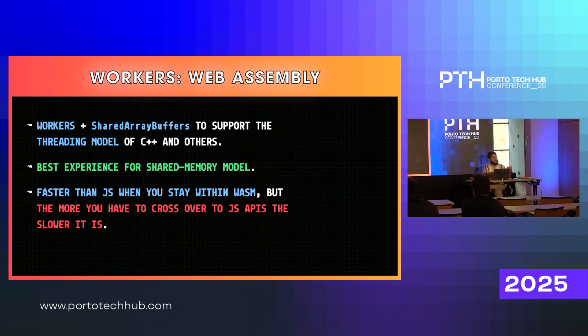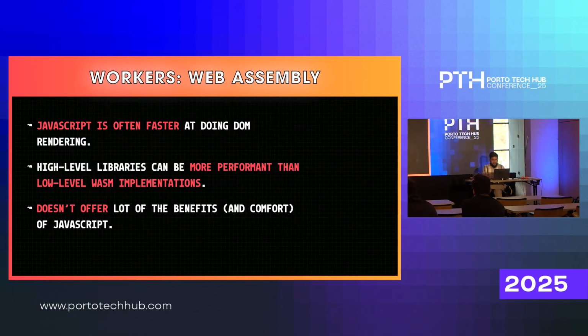But the more you have to cross over to JavaScript to handle actual DOM, the slower it gets. That's why a lot of the frameworks, all of the React alternatives that are getting better and better mechanisms, better and better benchmarks, they still don't scale as well as React.